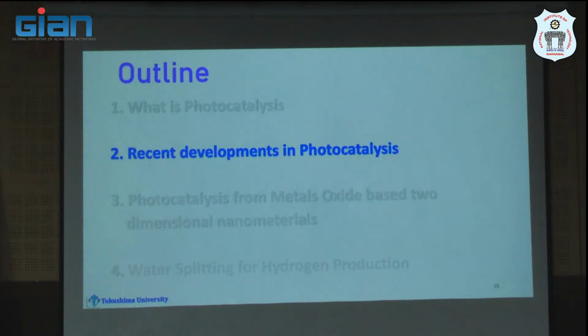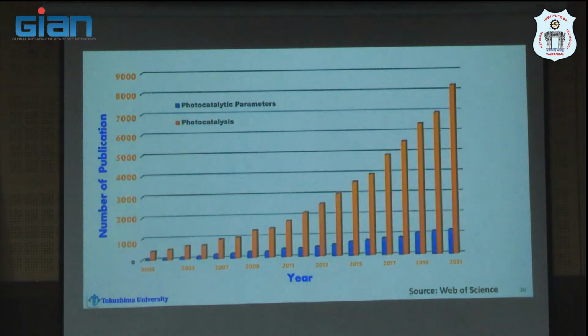Now I will move to the recent development. What kind of nanomaterial is used for photocatalysis? There are various research papers on photocatalysis. Research on photocatalysis initially started around 2000, about 2003.